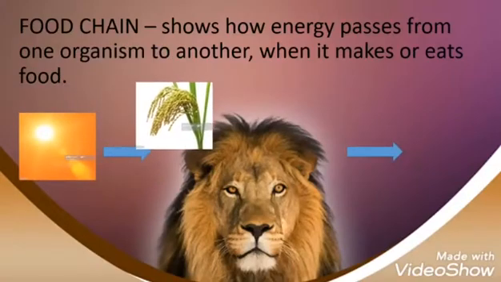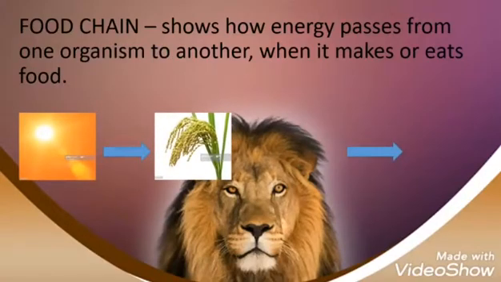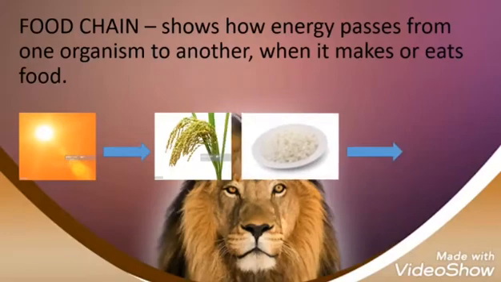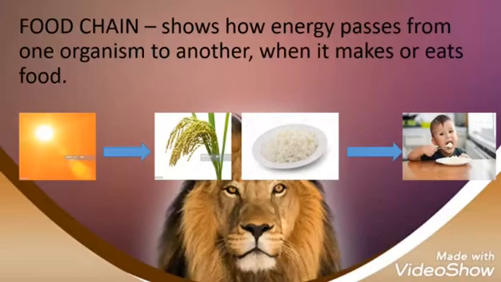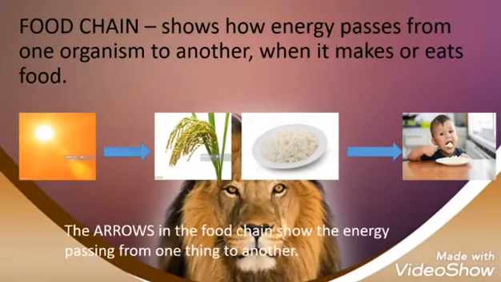The rice will absorb the energy coming from the sun, and the boy would eat the rice. The energy was transferred from the rice to the boy. The arrows in the food chain show the energy passing from one thing to another.